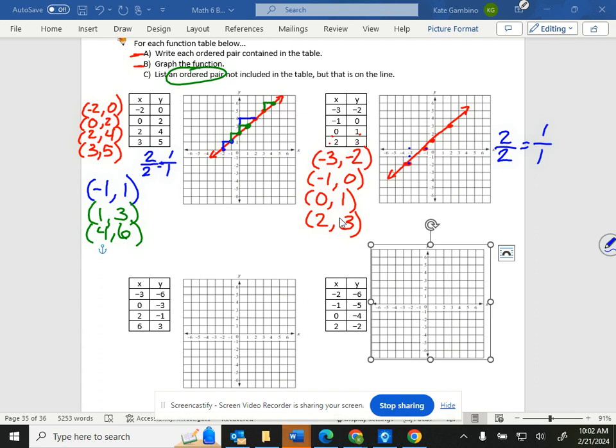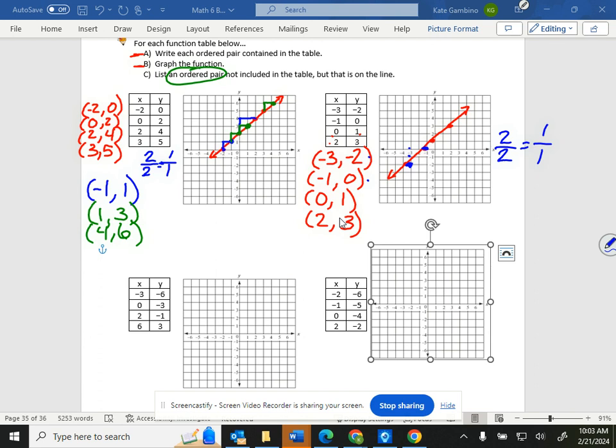So I'm going to go to a point where the next point is far away from it. So do you see how I got a slope of 1 over 1? Do you see how I got a slope of 2 over 2? If I have this point right here, -3, 2, and then I have negative 1, 0.